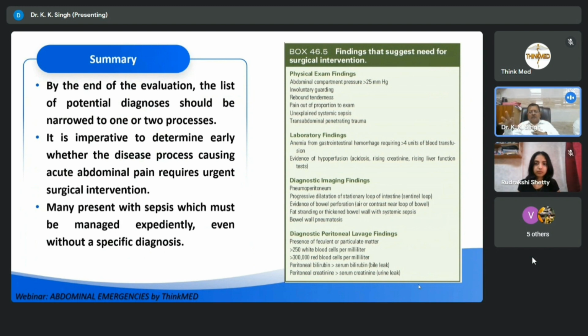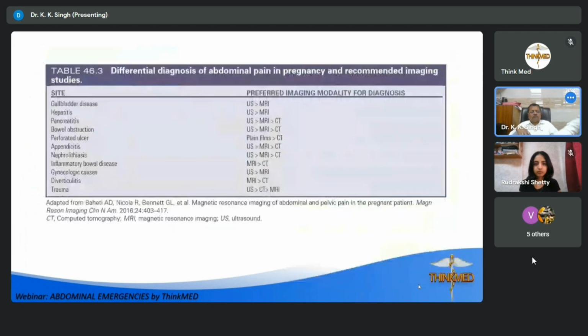Then, with the help of investigations, you make a definitive diagnosis. As an undergraduate, the first line of investigation has to be always ultrasound and X-ray. CT scan and MRI and the rest only if X-ray and ultrasound are not able to settle the diagnosis.